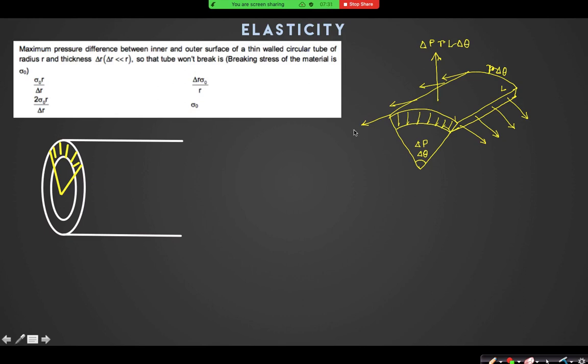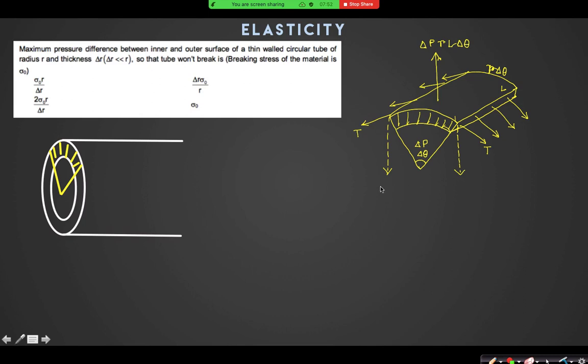Can you visualize the tension force that I have drawn here? Now, what are the vertical components of the tension force that I have to calculate? Because those vertical components are only responsible to balance this vertical force. Yes or no?